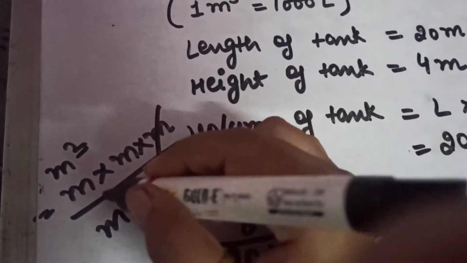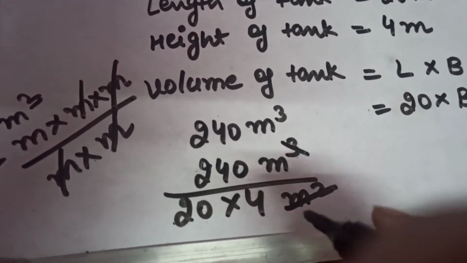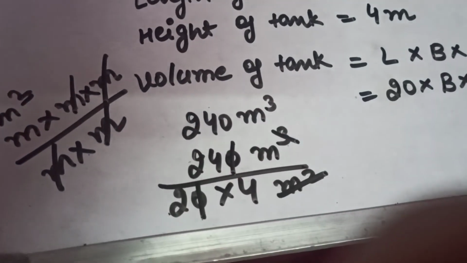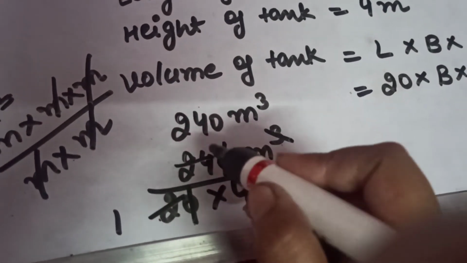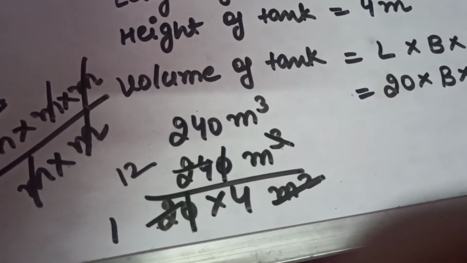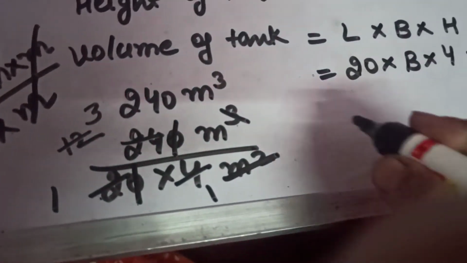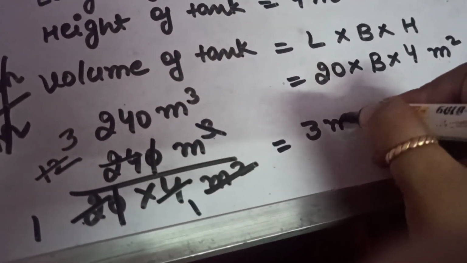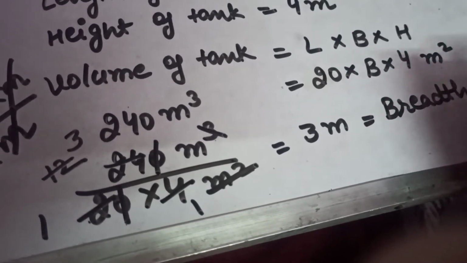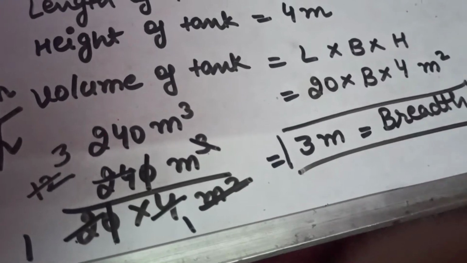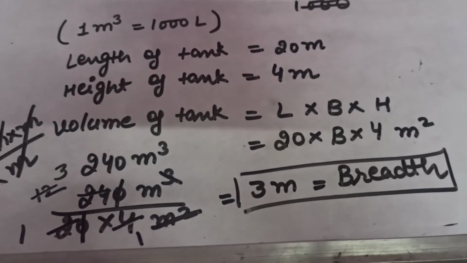This meter cut by this, cut by this. So what is left here? Only meter. Now 0 cut by 0, 2 divided by 2 is 1. 24 divided by 2, what comes here? 12. 4 ones are 4, 4 threes are 12. So what comes here? 3 meter. So breadth of the tank is equal to 3 meter.